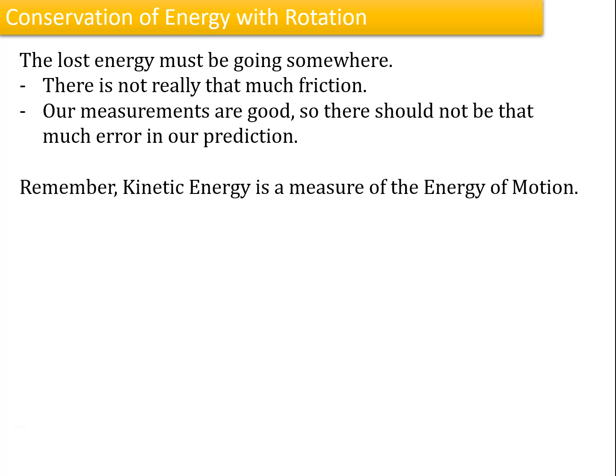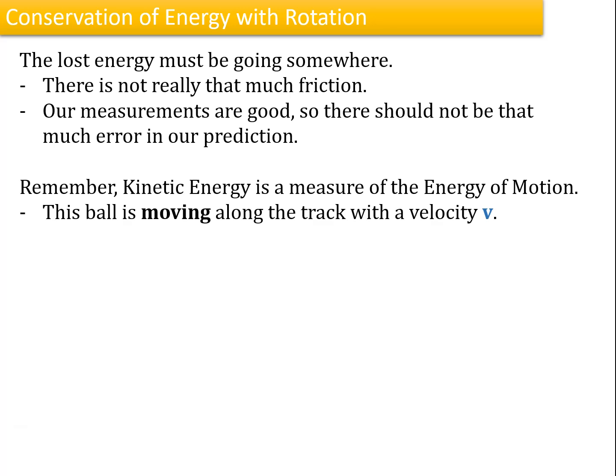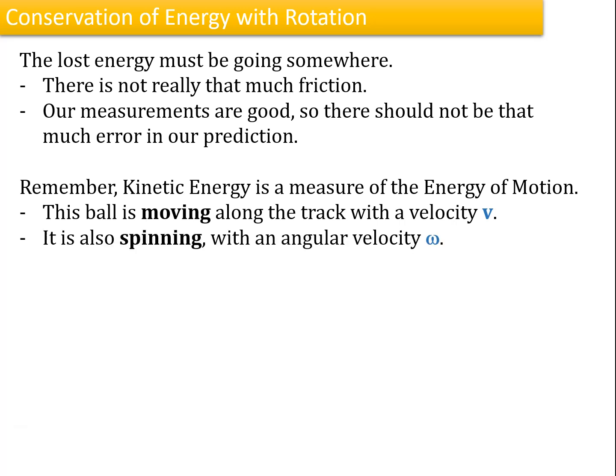We were trying to figure out why our numbers were different than our prediction. And then we mentioned that kinetic energy is a measure of the energy of motion, and in our case, our ball is moving along the track. We did a lot of problems with blocks sliding along tracks and things dropping, but this was the first time we had an object that was also moving a different way. Since this was a ball rolling, it was also spinning with an angular velocity as it went down the track.